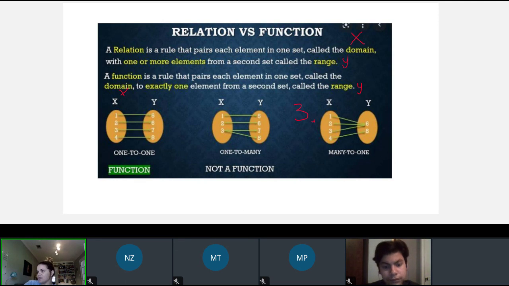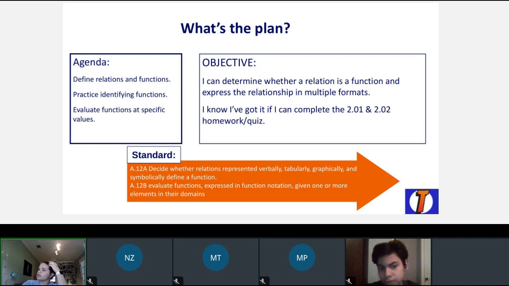It is a function, yes, because even though the x's 1, 2, and 3 all go to 6, that's okay because the x's itself is not repeating. So today we're going to practice identifying functions, and then we're also going to evaluate functions. Thank you, Sean, for helping me. I missed that comment. A function doesn't have repeating x values. So the y value can repeat, but the x values do not.